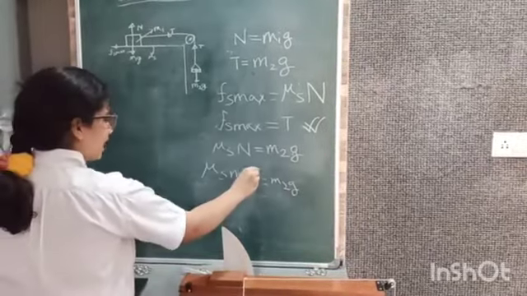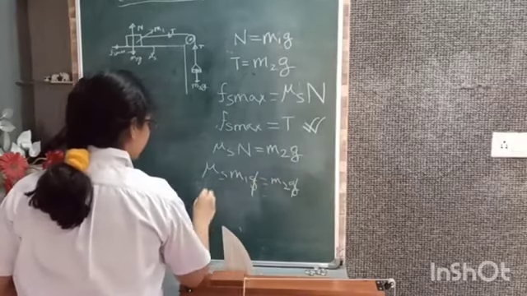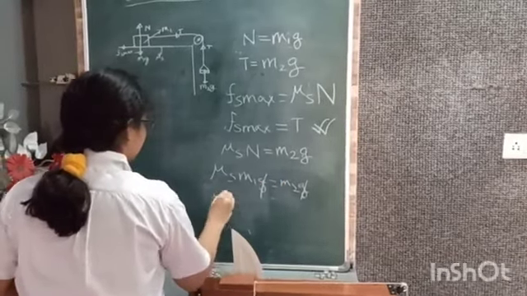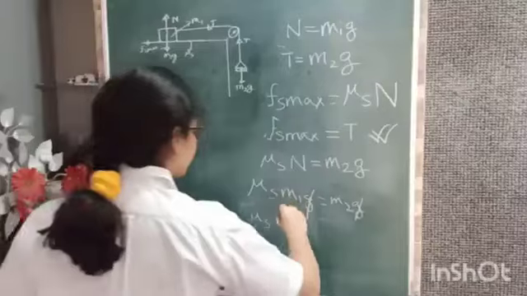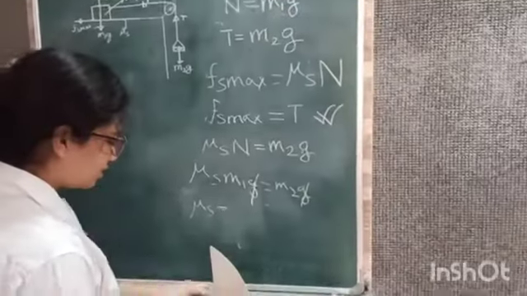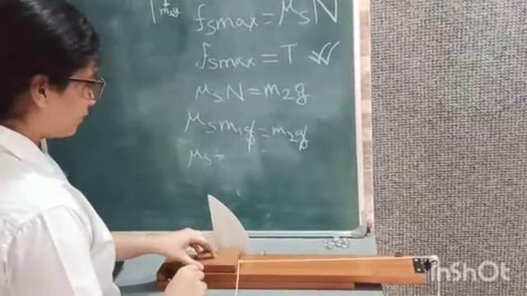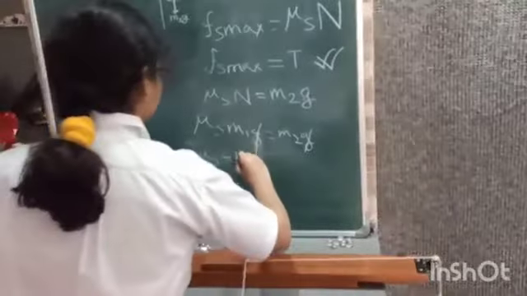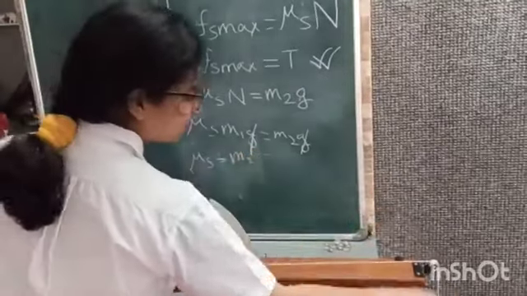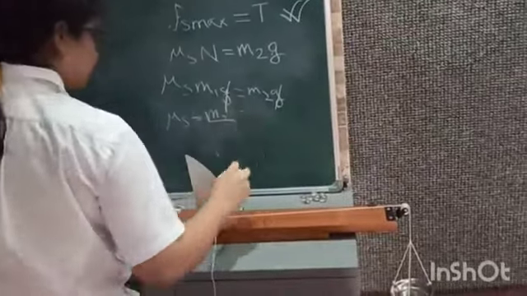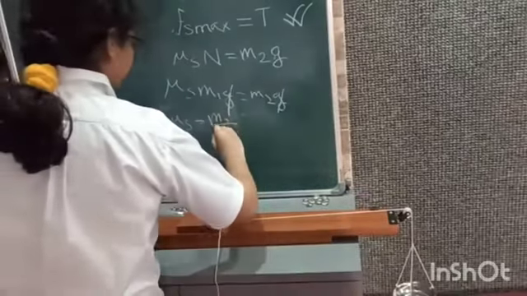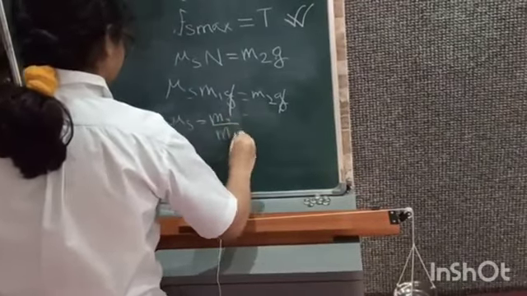Now g will get cancelled off, so at the end we find that the coefficient of static friction between this surface and this surface is equal to the ratio of the mass of this body, m2, to the mass of this body, m1.